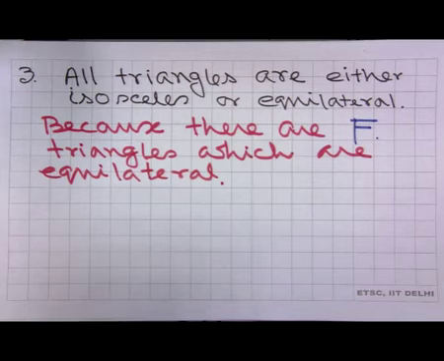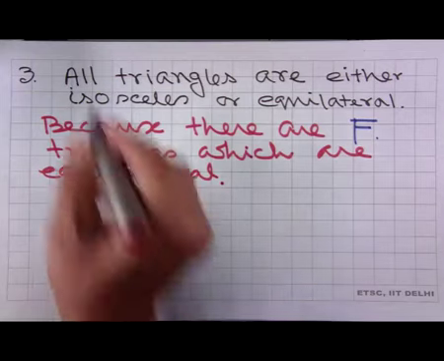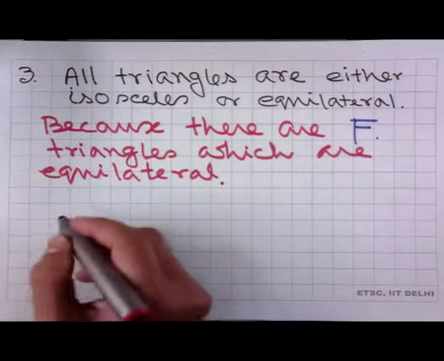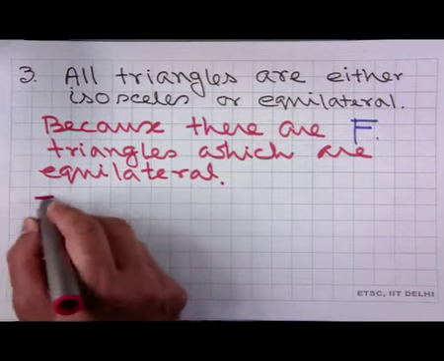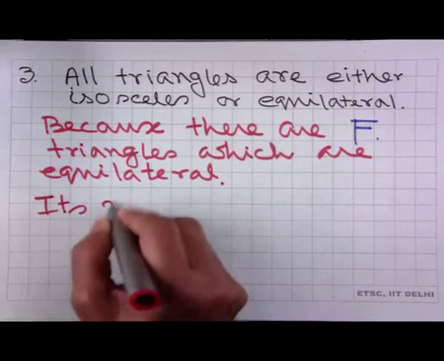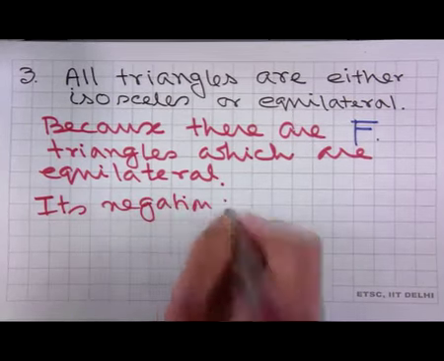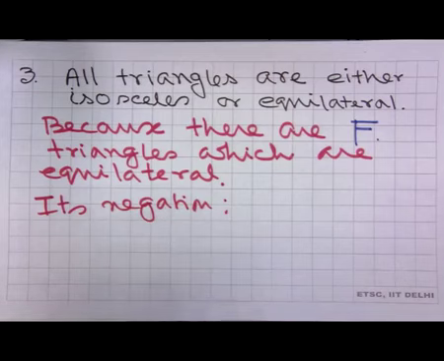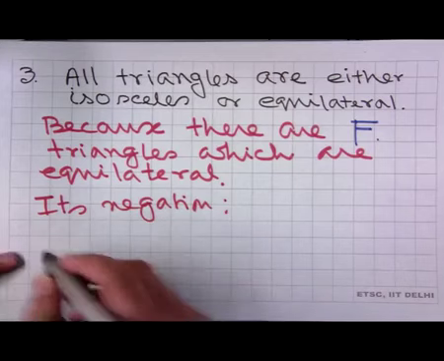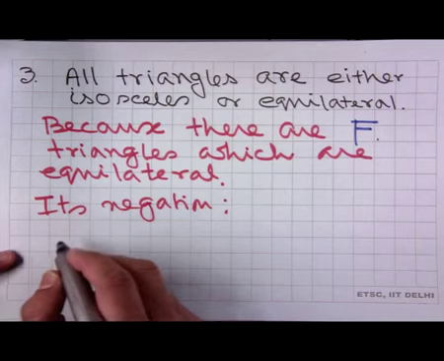Therefore, what is going to be the negation of that one? All triangles are either isosceles or equilateral. Therefore, its negation is: not all triangles are isosceles or equilateral.